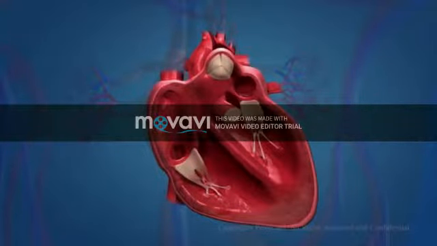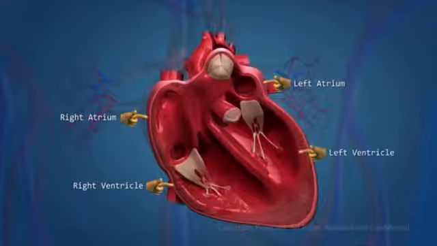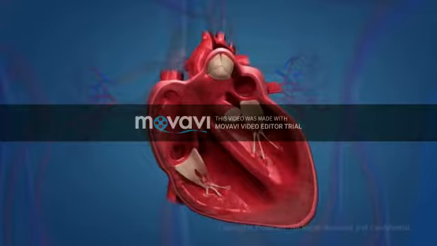The human heart has 4 chambers: the right atrium, the left atrium, the right ventricle, and the left ventricle. There are 4 valves in the heart.